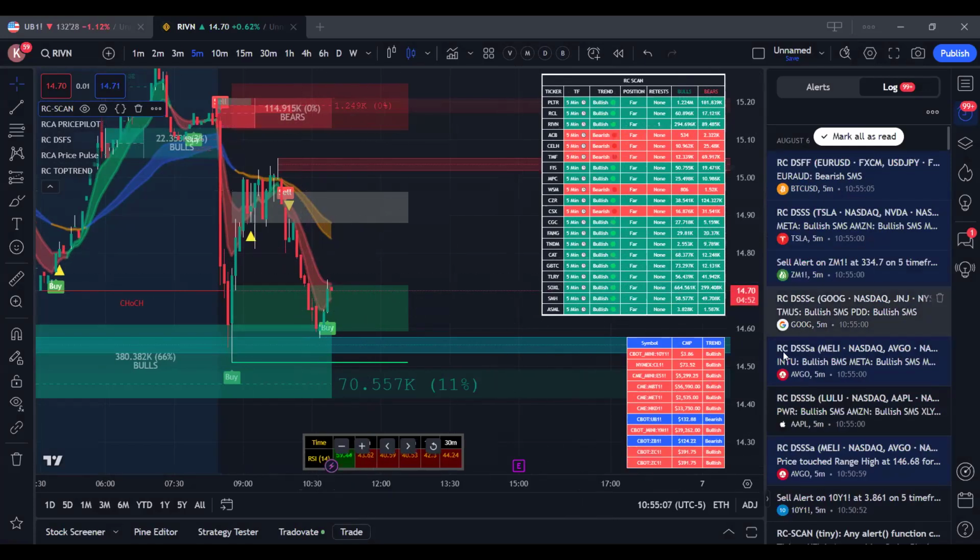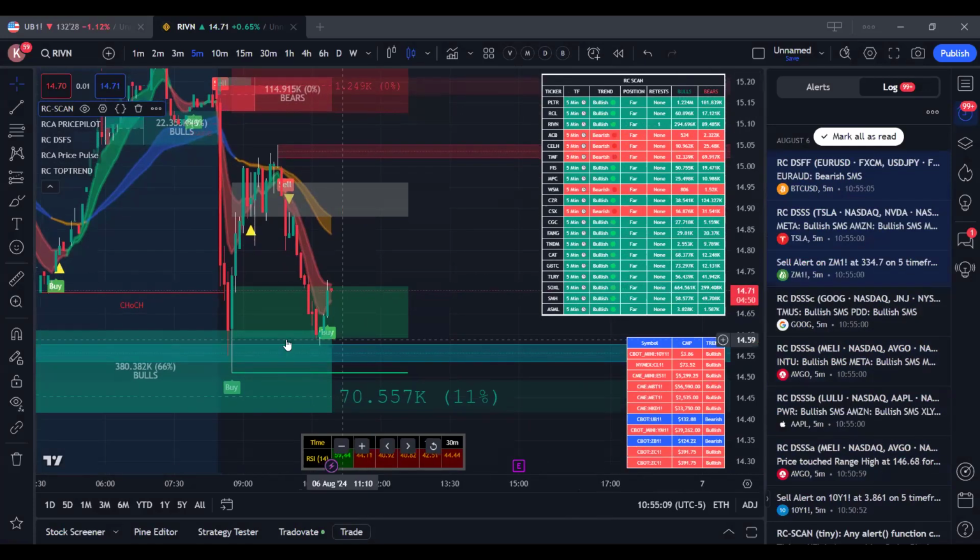That means there is a high opportunity for bulls to take the price up.